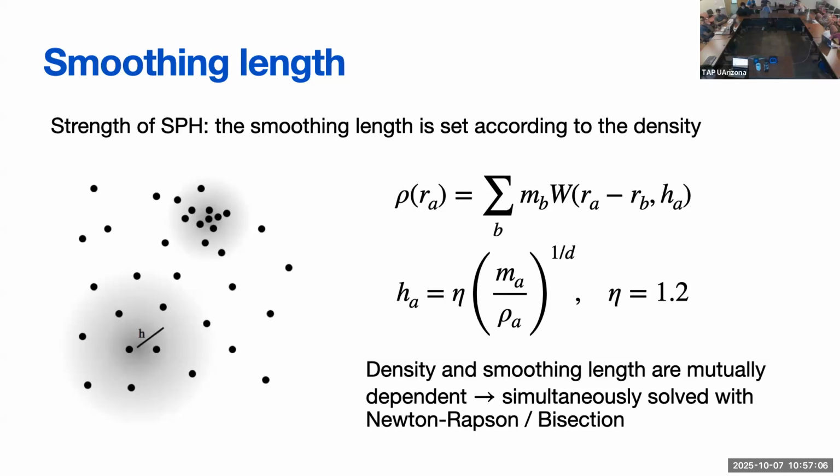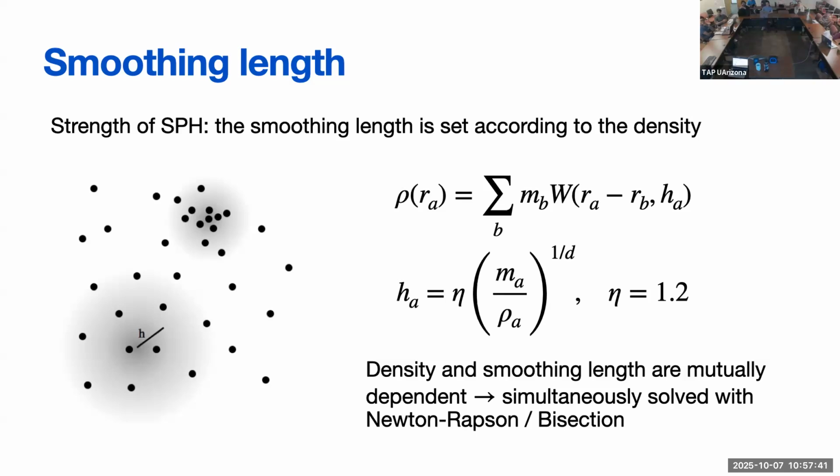So h here, you see, is proportional to one over the number density of the particles, and D here is just the dimension of the problem, so in 3D it is just 3. Eta is just a numerical coefficient. We usually set it to be equal to 1.2, because this eta determines how many neighbors you have, so over how many neighbors you compute the density.